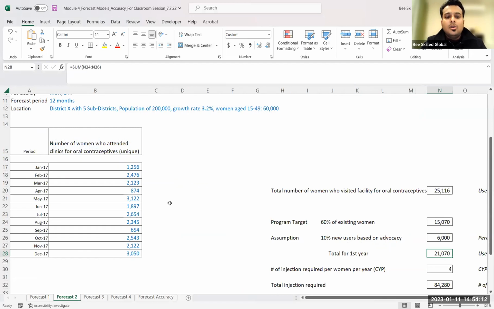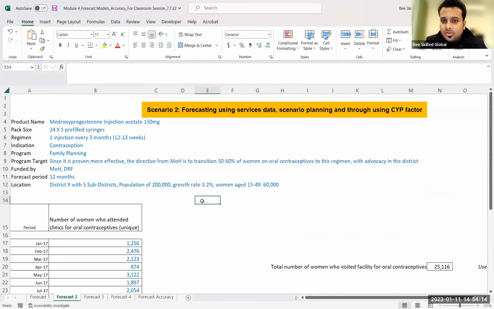Okay, so now it's the same district X with 5 sub-districts. Population is the same. Now here we have one more set of data. We know from the population index that women between the age of 15 and 49, reproductive age women, there are 60,000 of them in district X. I hope you understand this when I say 15 to 49 reproductive age, because contraceptive is going to be used by them only.